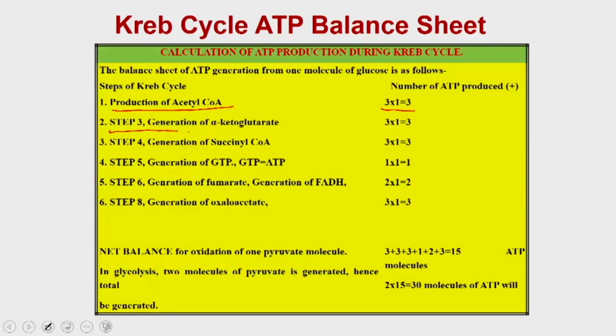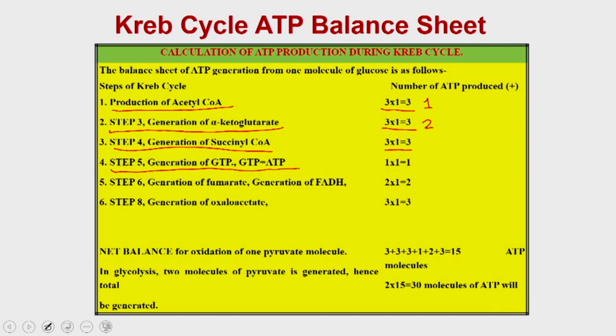Then in step 3, when alpha ketoglutarate was generated, another NADH is generated. So this is the first NADH, this is the second NADH. Then in step 4, when succinyl CoA was generated, there was also a generation of reducing equivalents.